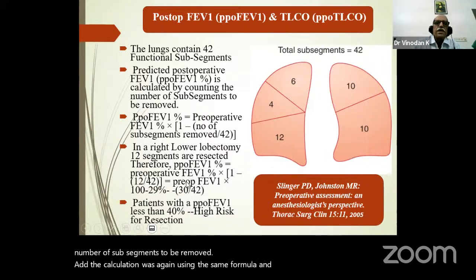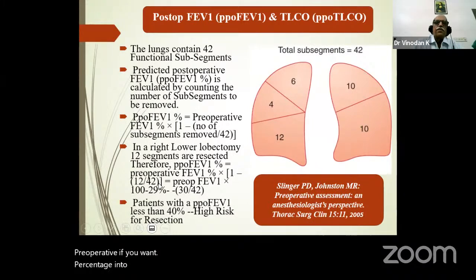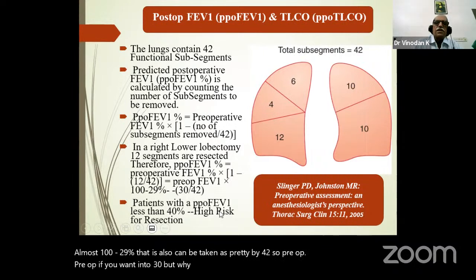If you look at a patient with a right lower lobectomy, 12 segments are to be resected, then it will be preoperative FEV1 percentage into 1 minus 12 by 42, that is almost 100 minus 29%, which can also be taken as 30 by 42. So pre-op FEV1 into 30 divided by 42 will give you the postoperative FEV1.